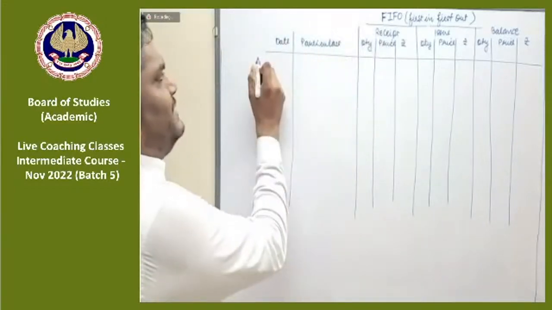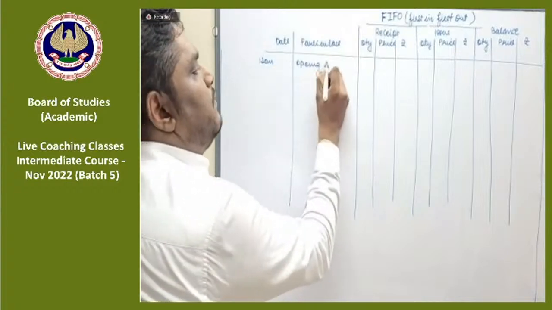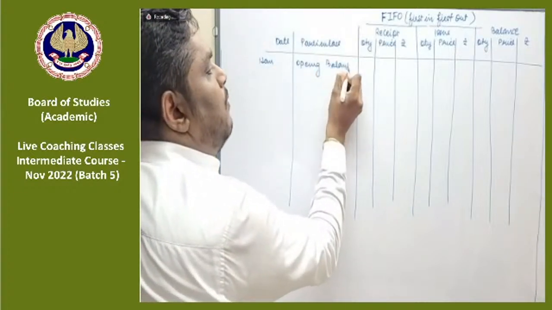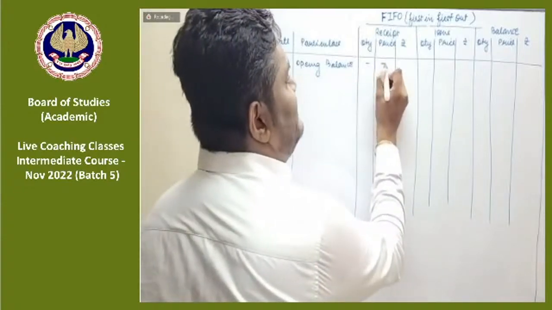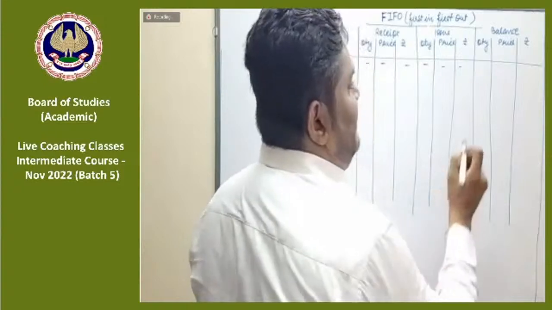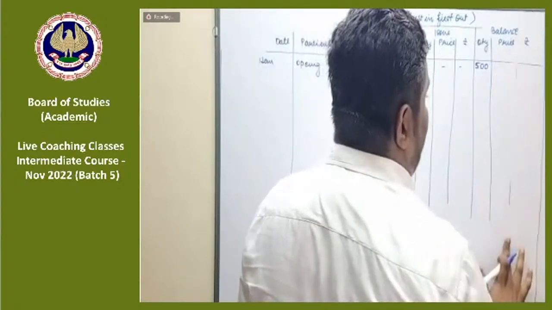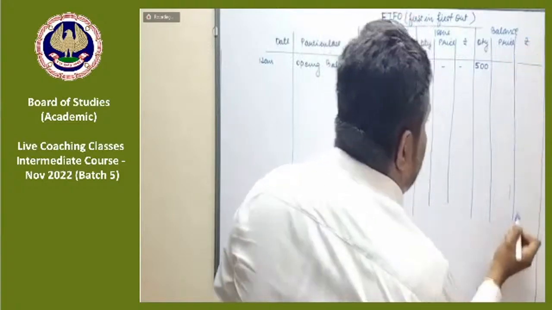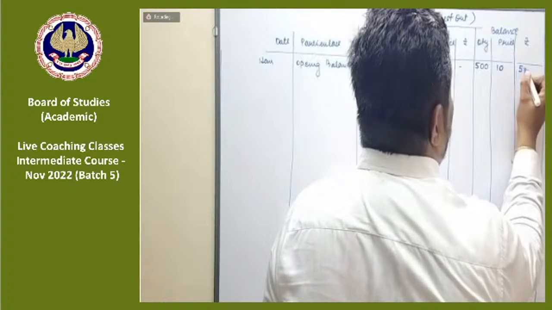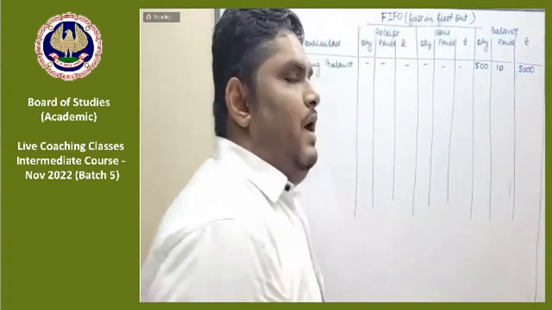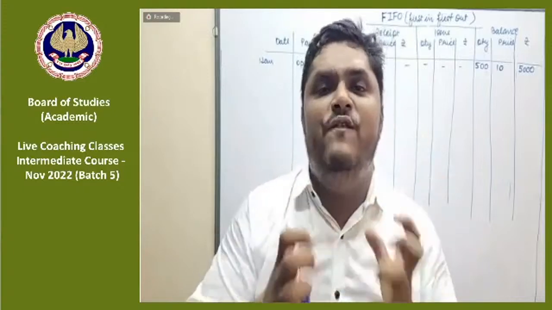So let's say on 1st January, my opening balance, it is given in the question, is 500 units and the price is 10 rupees per unit. So we'll write directly in the balance column: 500, the price is 10 and the total amount is 5,000. I repeat again, we are discussing FIFO method, that is first in, first out method.